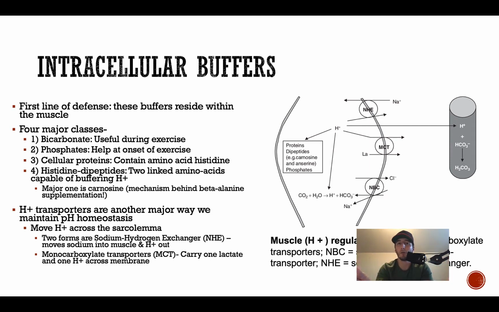If you want more information on carnosine, we'll talk about it in sports nutrition. If you take sports nutrition with me, I'm sure Mrs. Lane talks about beta-alanine supplementation as well. This is essentially the primary mechanism by which beta-alanine works: we're messing with our carnosine concentrations.